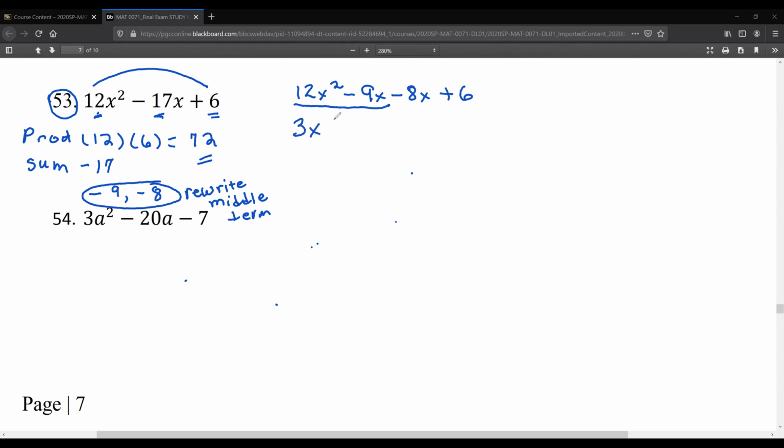And when you factor out 3x, you're going to have what? 4x minus 3. Very good. And when you look at these other two terms, what do they have in common? 2, or negative 2; you can use either one. If you factor out a negative 2, what are you going to have here? 4x minus 3.